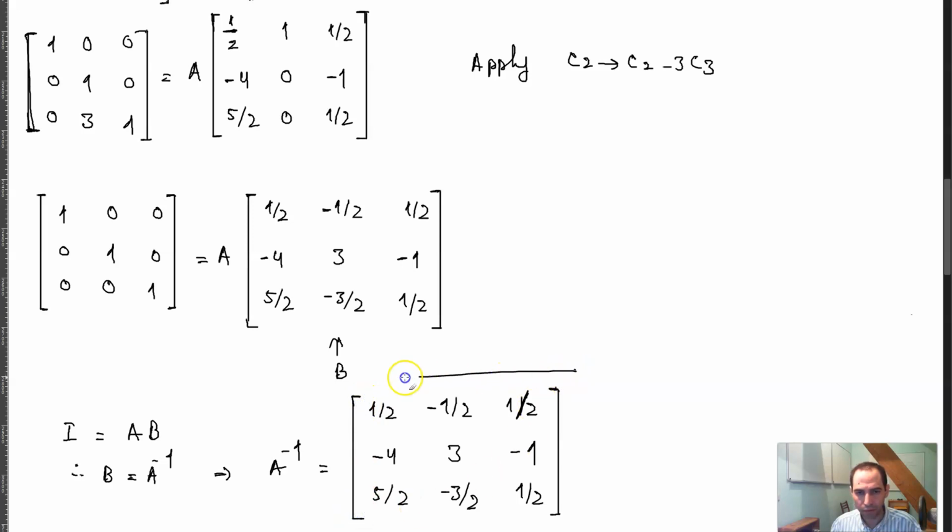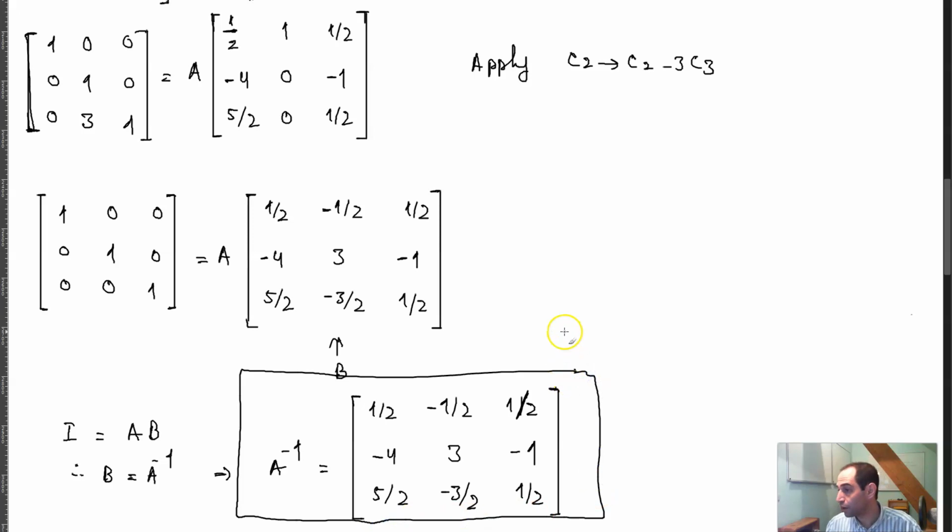That is what we were looking for, and we got it.